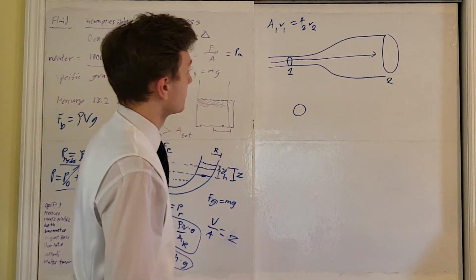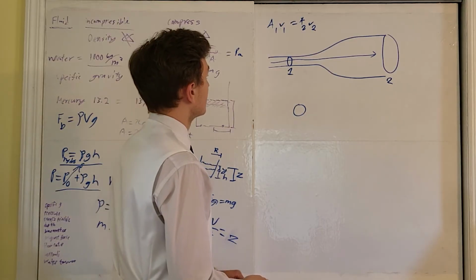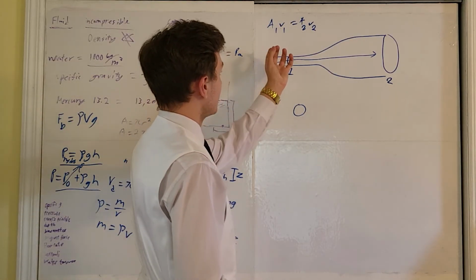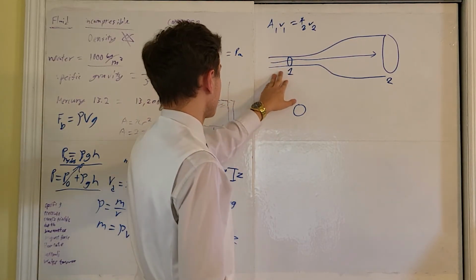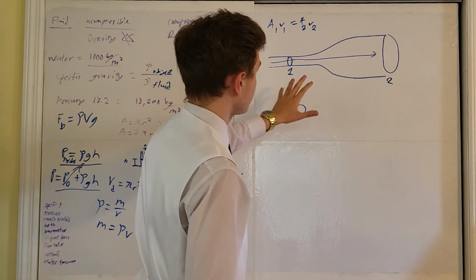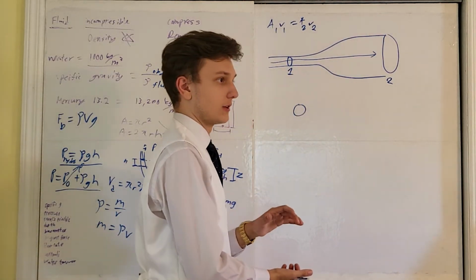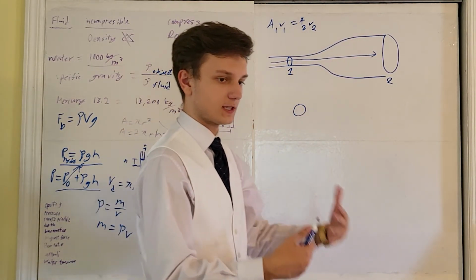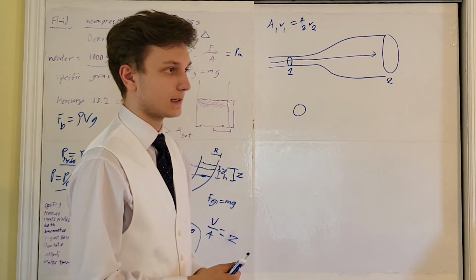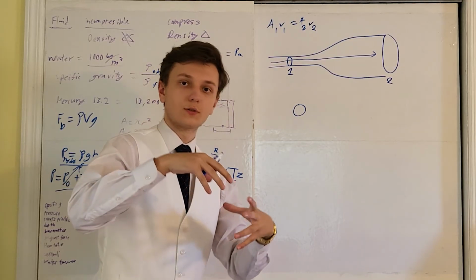And it's effectively a statement of conservation of mass, okay? Meaning that if I'm in a smaller, more constricted cross-sectional area, the velocity must be larger, and if I am in a much wider cross-sectional area, the velocity must be smaller. Think of it like putting fluid through a funnel.